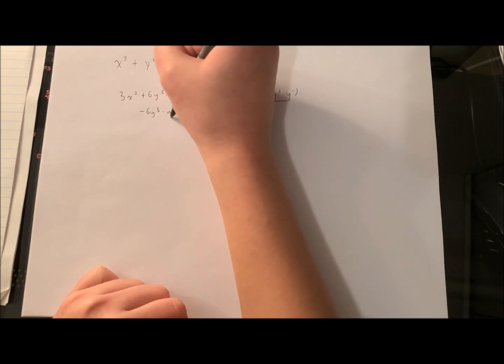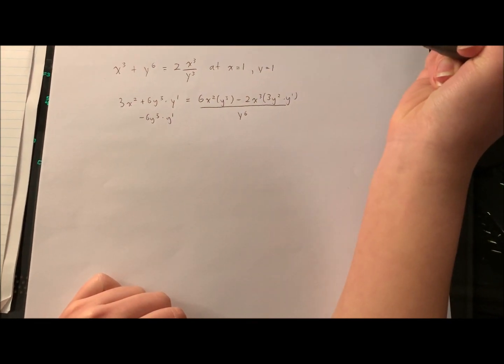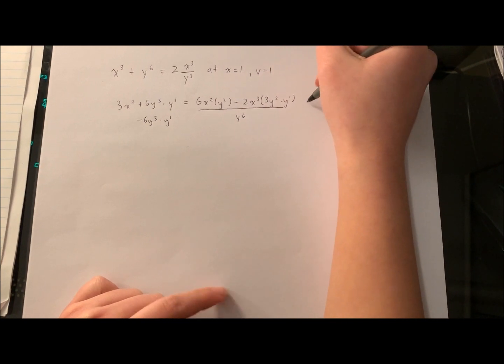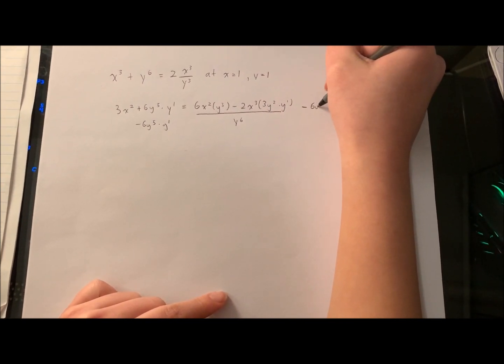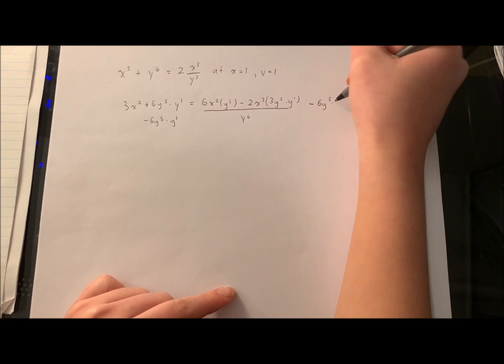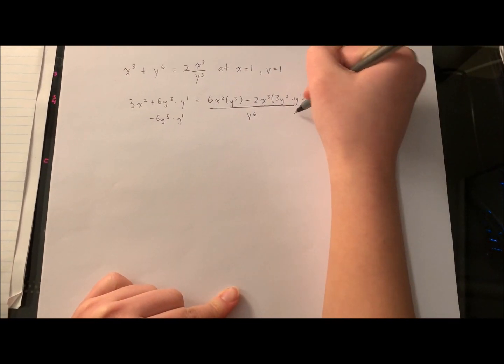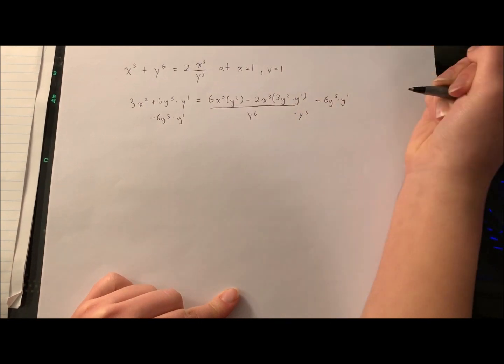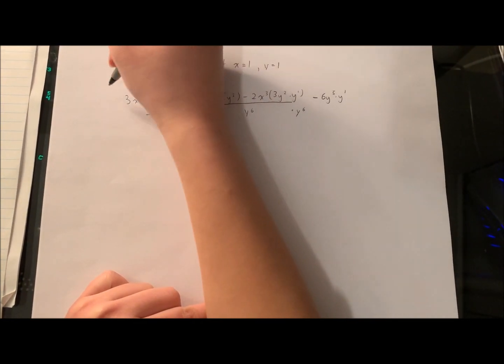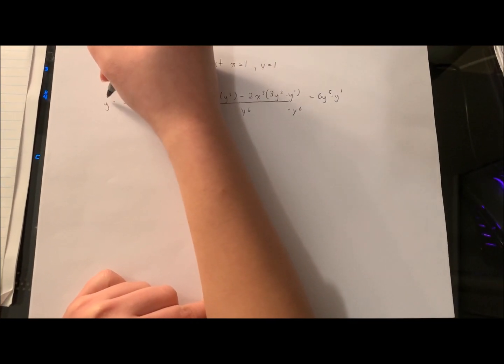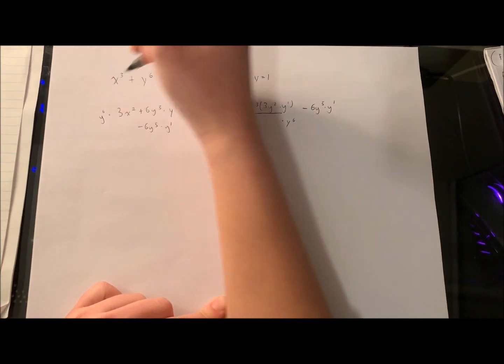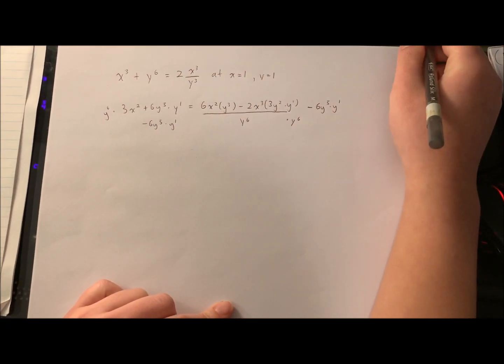So we subtract over here. We also have to do the same on the other side. We must also multiply by y to the power of 6 on both sides, of course. Yep.